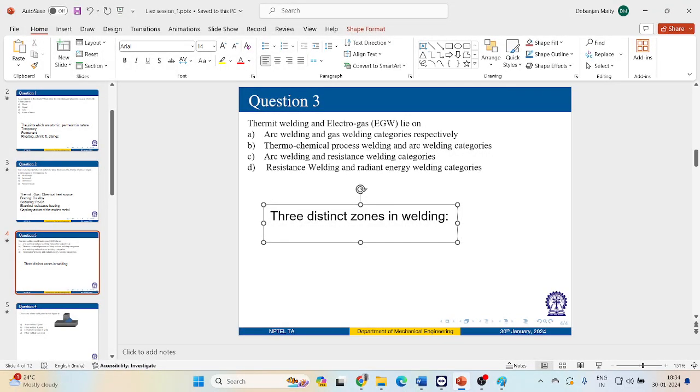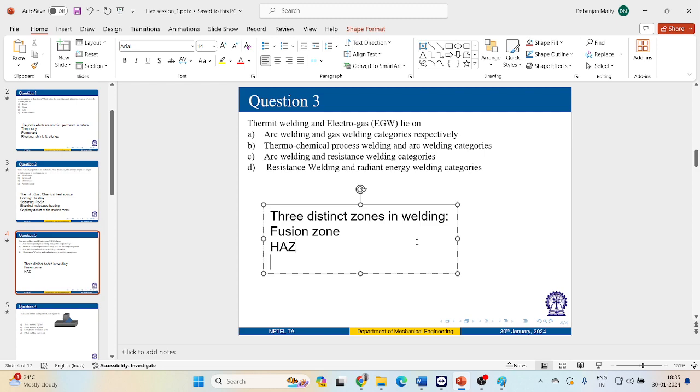Welding, what are they? So you will have the fusion zone, you will have the heat affected zone, we call it the heat affected zone.